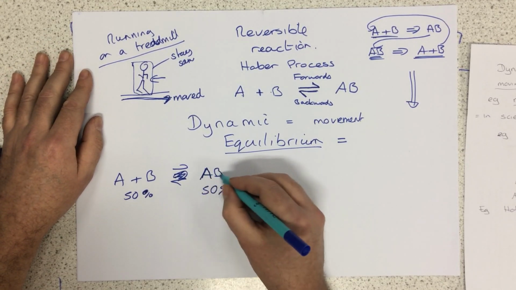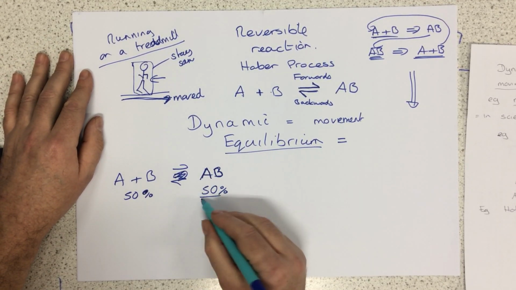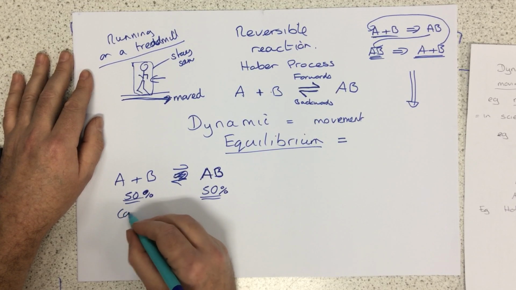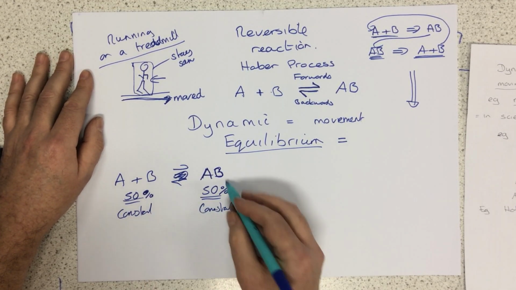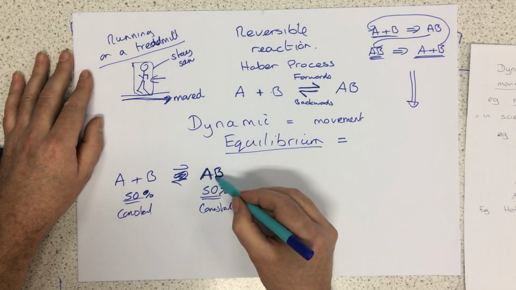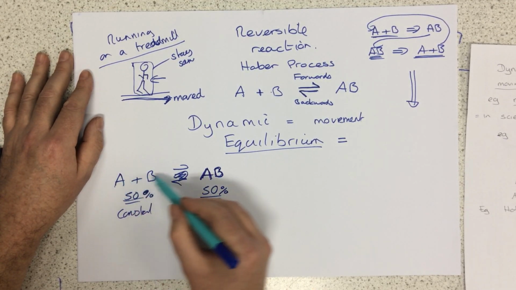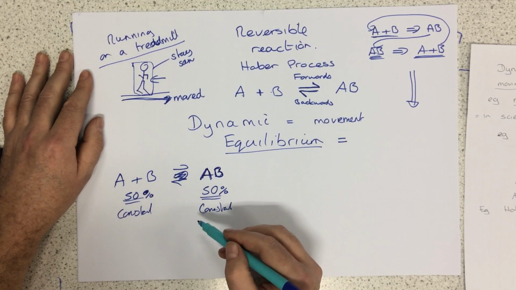Well, the fact is, although it looks like this value is constant, the actual individual molecules and atoms that are making up this AB and this A plus B are actually changing all the time.